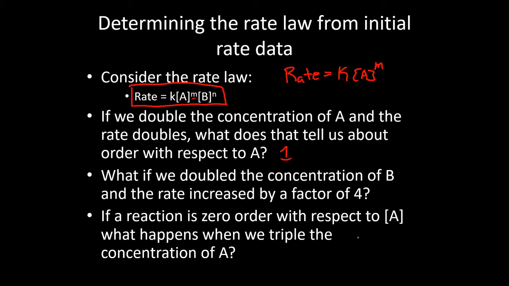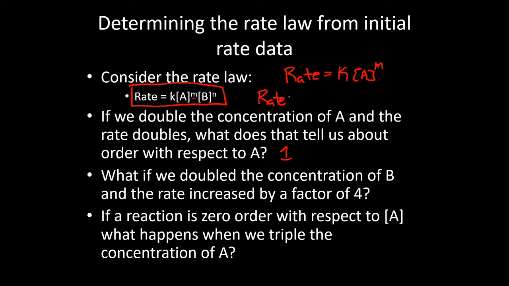I know it might seem for a second like saying, wait a second, you just said that it doubled. Wouldn't that mean that it's second order if it doubled? And no, actually, because we're seeing the same change in the concentration that we see with the rate, that is first order.